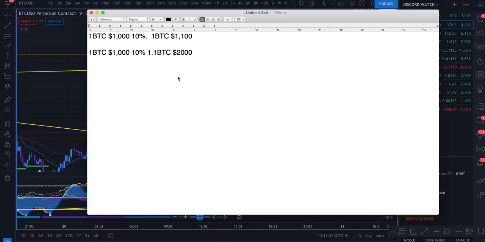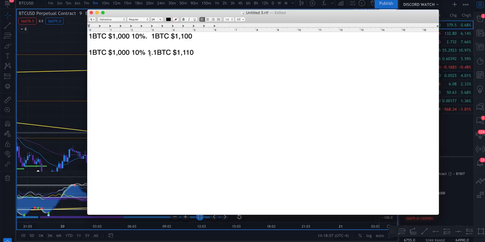So let's say that you have, your one Bitcoin went up 10%, and now you have $100 profit. If you take out your $100 profit, now you only have 0.95 Bitcoin or something like that, right? You have less than one Bitcoin. But if you're trading inverse perpetual and you have one Bitcoin, and that one Bitcoin goes up 10%, now you have 1.1 Bitcoin, which means you can take your profit off the table, and you still have one Bitcoin.